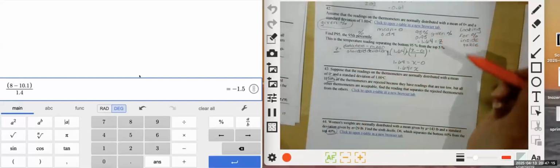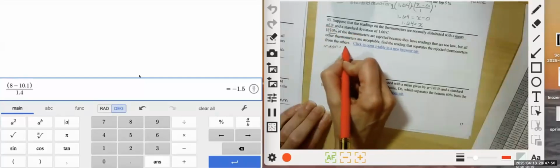The percent is always that Z part. Okay, or sorry, given the percent.